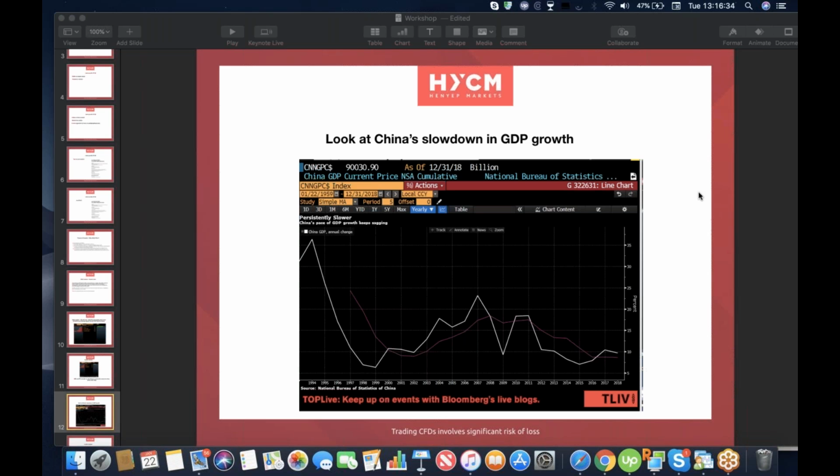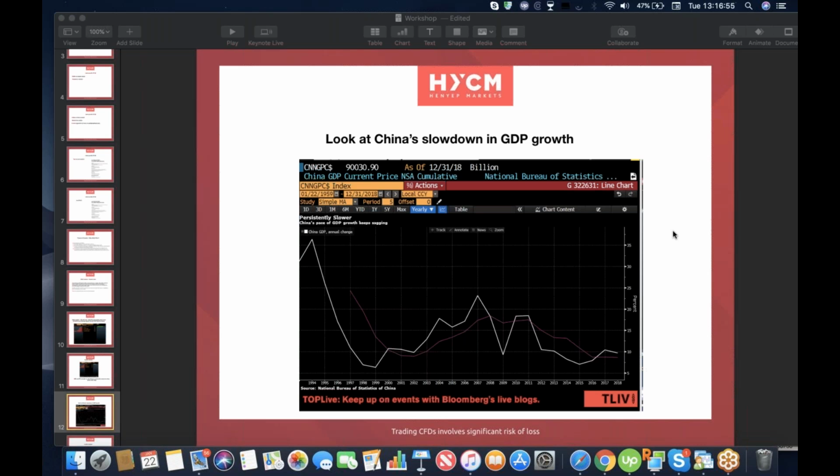I shared yesterday in the FX week ahead how China is responsible for around 15+% of the world's GDP. So between the US and China, they have a 40% share of the entire global GDP. So any disagreement between those two countries is going to affect the whole world.